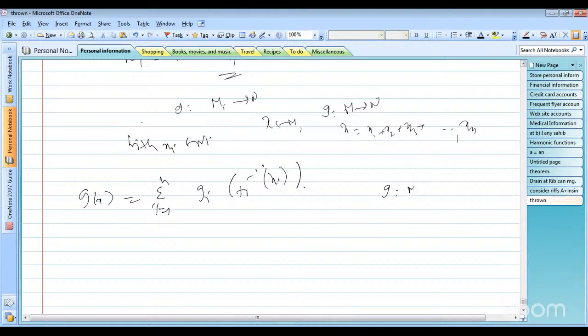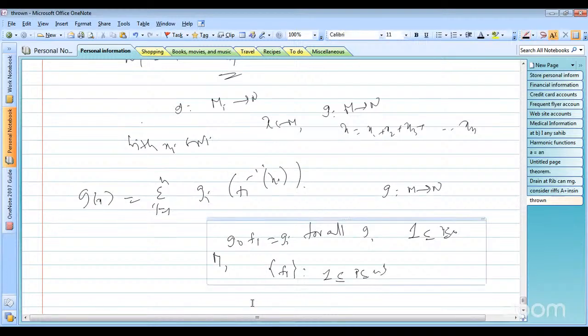G from M to N is the unique homomorphism such that G circle Fi is equal to Gi for all 1 less than or equal to i less than or equal to n. The condition is satisfied here. So the third condition: Fi, 1 less than or equal to i less than or equal to n, satisfies 1 and 2 of this one.